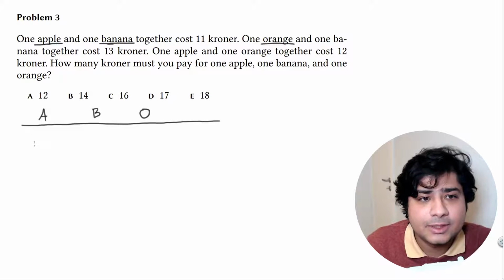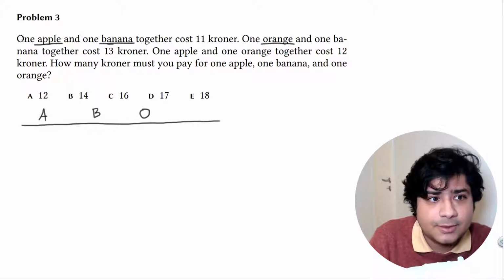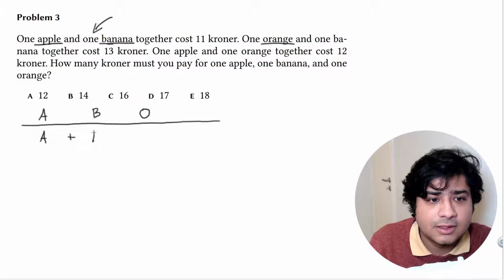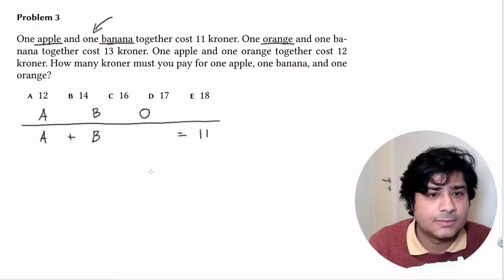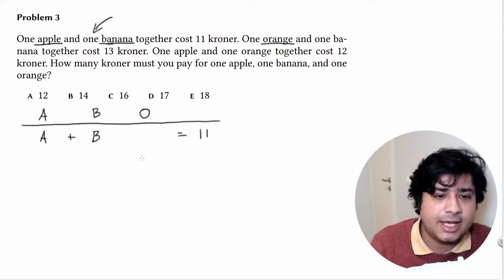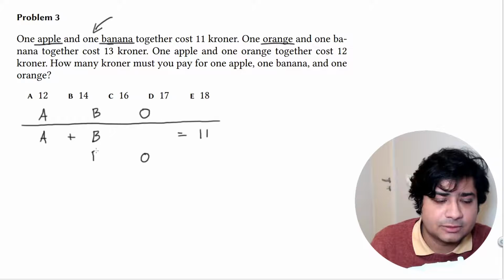Let me first write that first equation, this one right here. One apple plus one banana equals 11. And then the second one, which is one orange and then one banana, so one here.